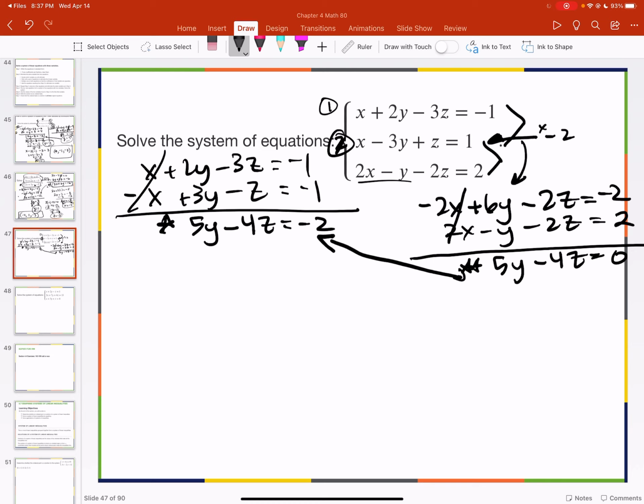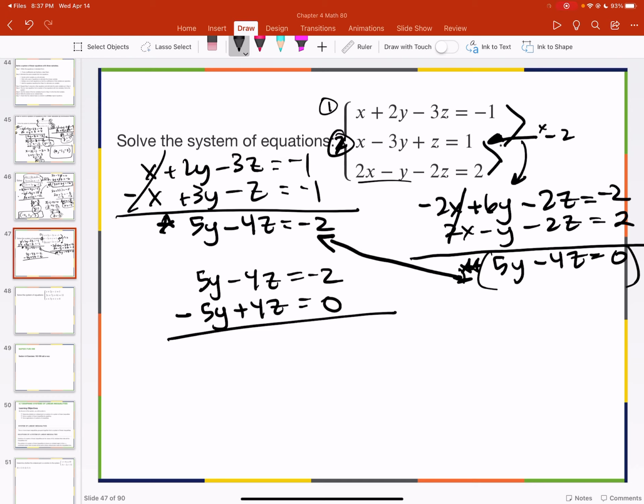I take star, 5y minus 4z is equal to negative 2, and multiply star star by a negative and then combine. I get negative 5y plus 4z is equal to 0, because negative times 0 is still 0. These cancel out, and I get 0 equal to negative 2, which is false. So this is a no solution problem.